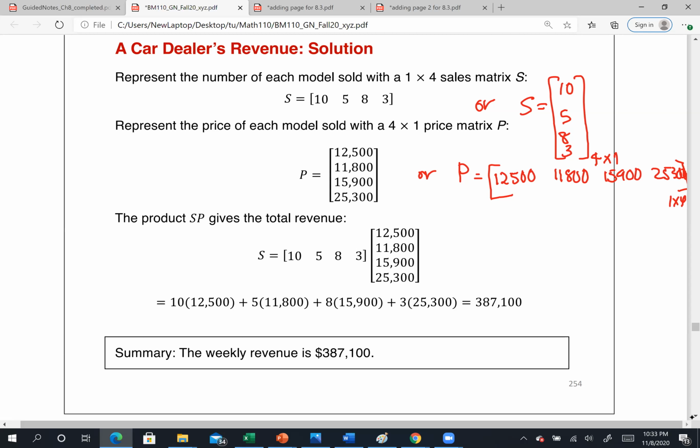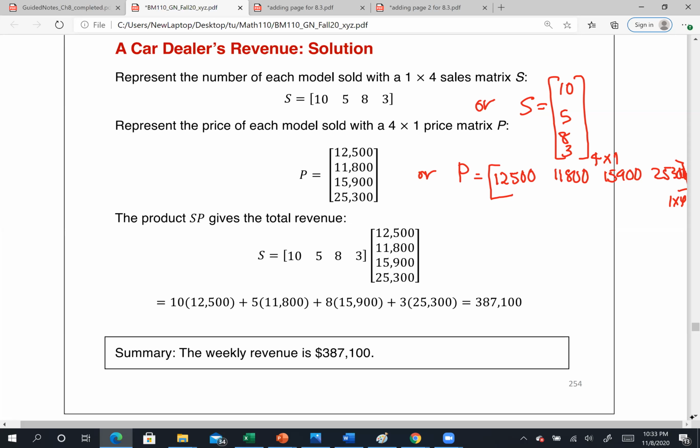That is another case. But you can see that if you write it this way, it's a little inconvenient because matrix P gets long if you go by the row. That's maybe the reason why the one who wrote the solution decided to make the price matrix one column, 4 rows by 1 column, 4 by 1, right?